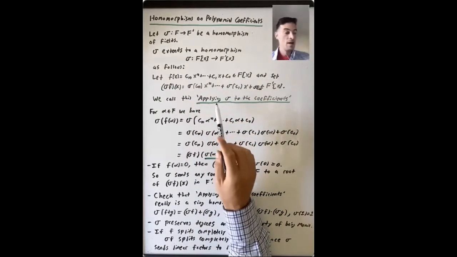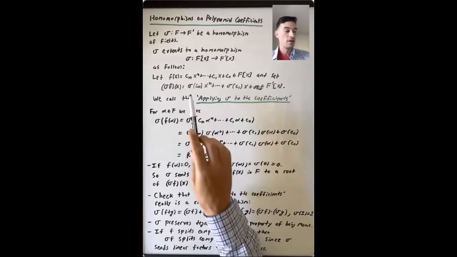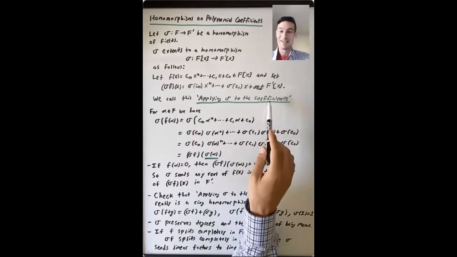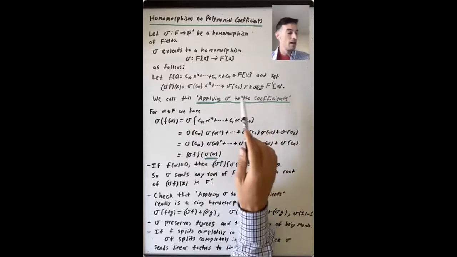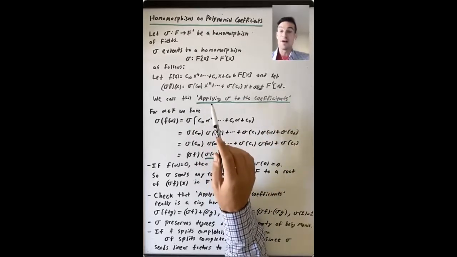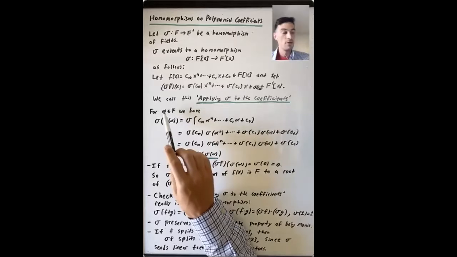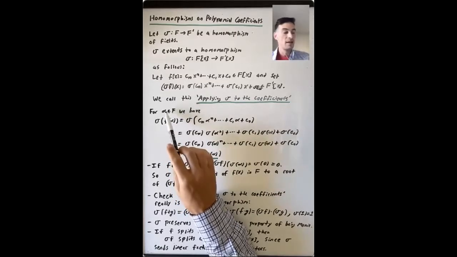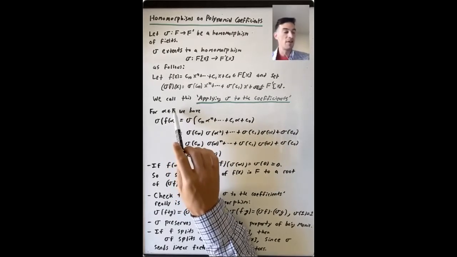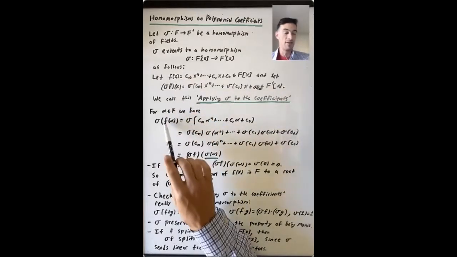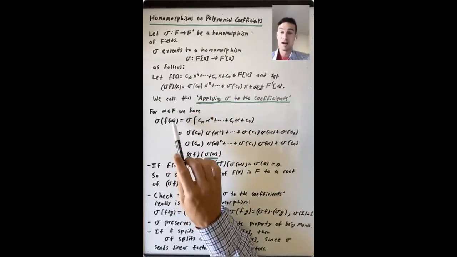But first I want to say what happens when you apply this homomorphism, this applying sigma to the coefficients homomorphism, to f evaluated at some element in your field. So we have an element alpha of F. We can take our polynomial in F[x], and we can evaluate it and get some element of F, right?